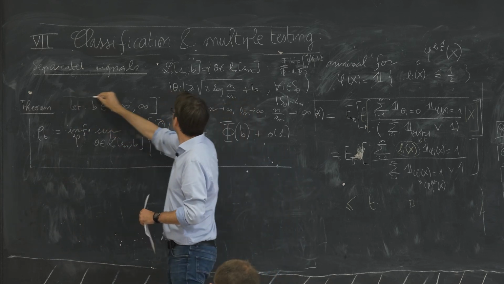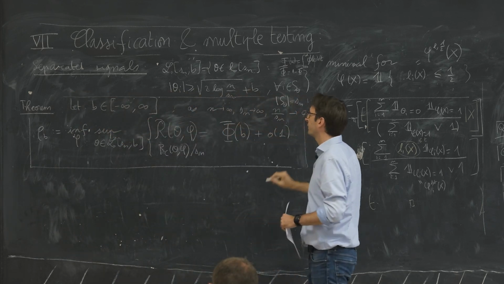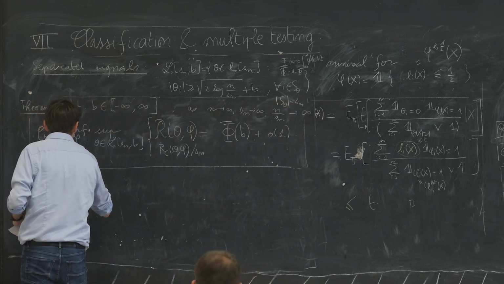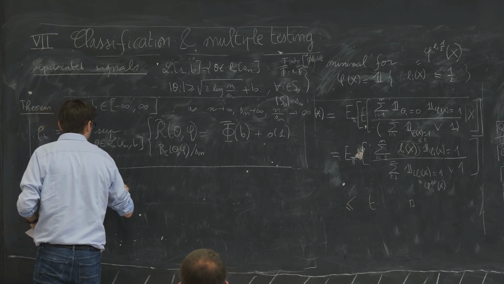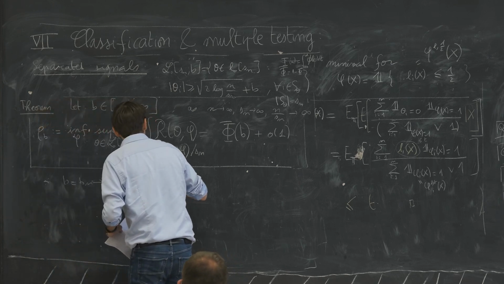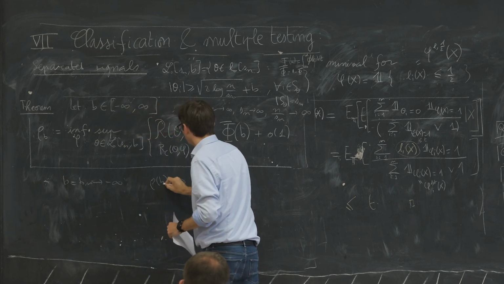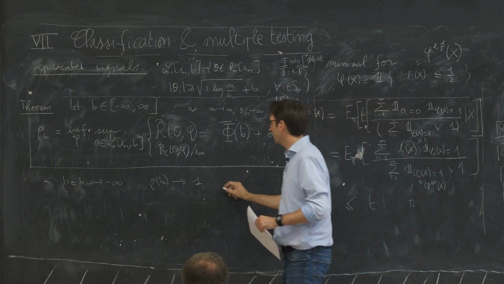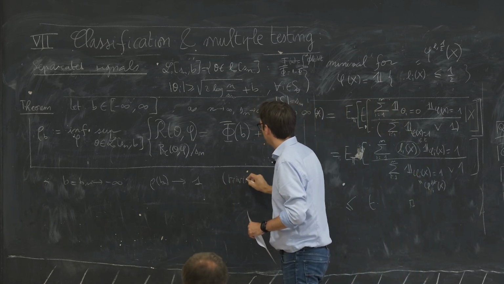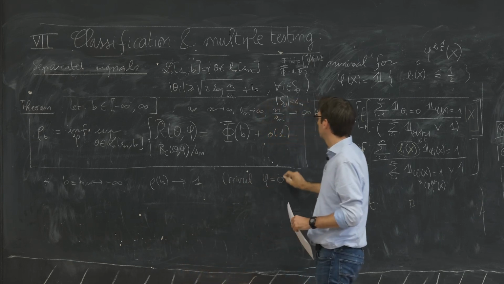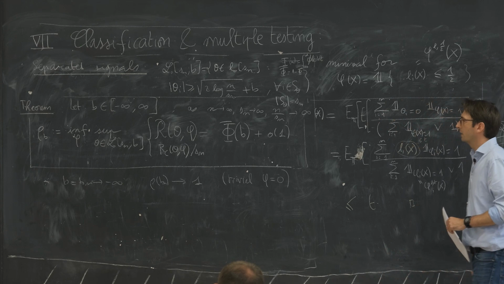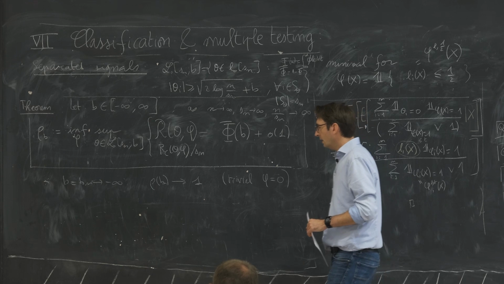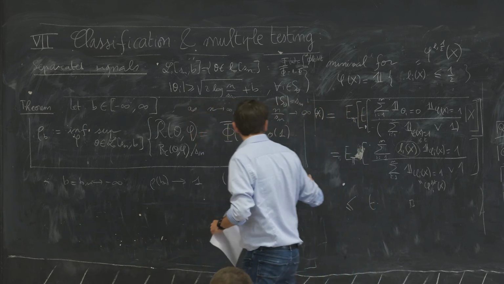So here we see the phase transition happening. If b goes to minus infinity, bn goes to minus infinity, rho b is going to 1, which means that you cannot do better than the trivial procedure that is always 0, which has a multiple testing risk equal to 1. And okay, so that's impossibility.